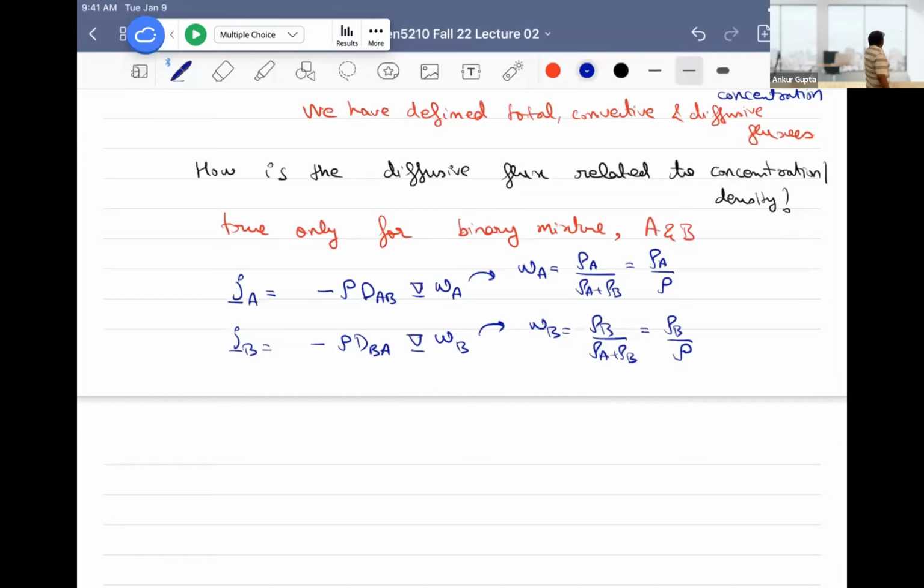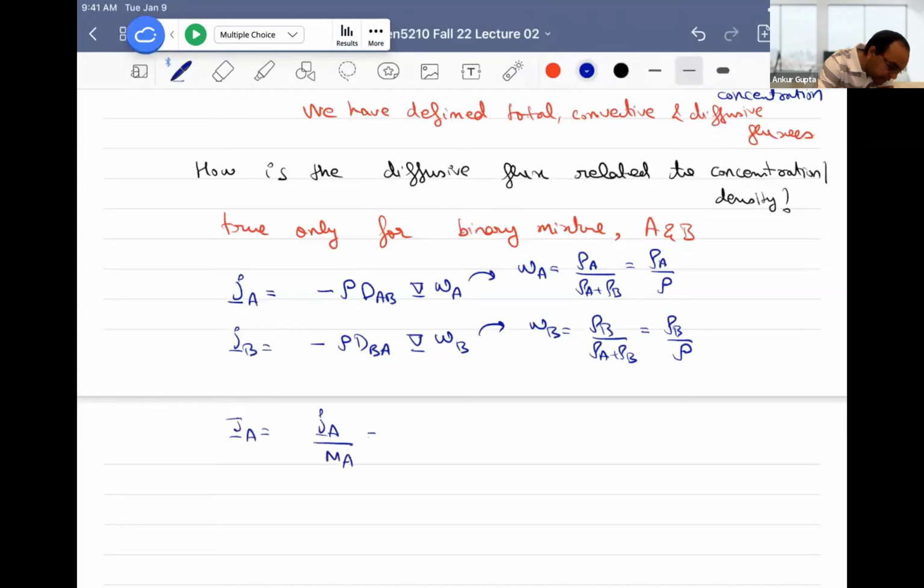And note one thing here: on the left hand side, I have a JA without any superscript. That's why I'm using a gradient in the mass fraction. Now remember that capital JA would simply be small ja by MA, right?